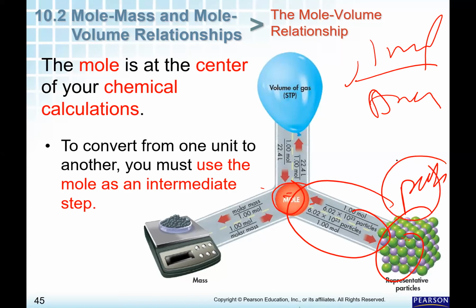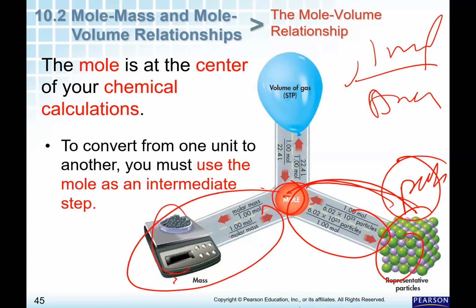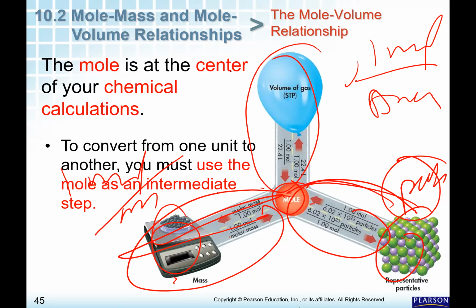The same thing we can do with mass using the molar mass, going from mass into moles and back using 1 mole of any substance divided by the molar mass, or the molar mass by the 1 mole. We can do the same thing under STP between the volume of the gas and the moles.